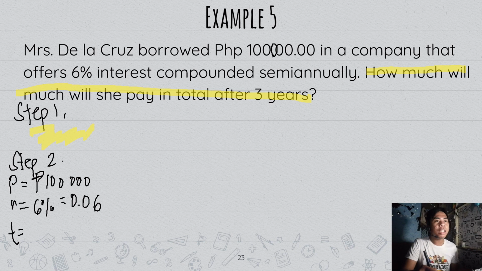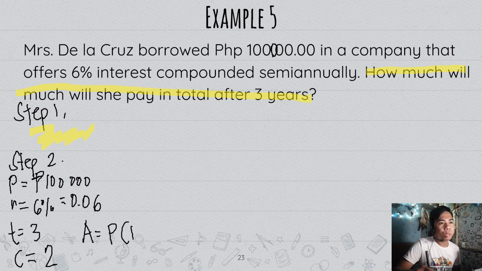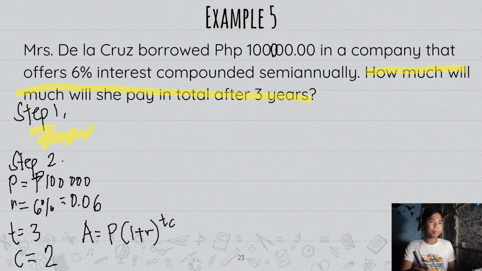Time, how many years she needs to pay the borrowed money? It's 3. Question, what is C? Compounded what? Compounded semi-annually. So how many half years are there in a year? There are 2. So what's the formula? The formula is A is equal to P times 1 plus R raised to TC.